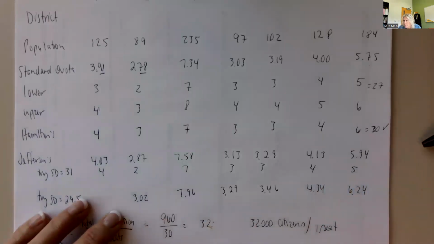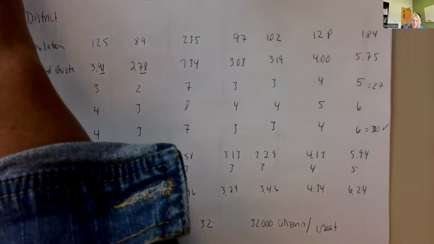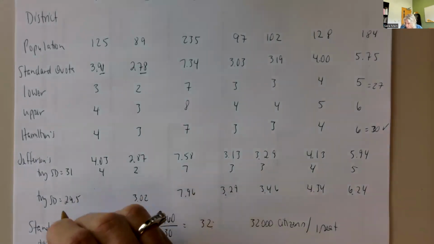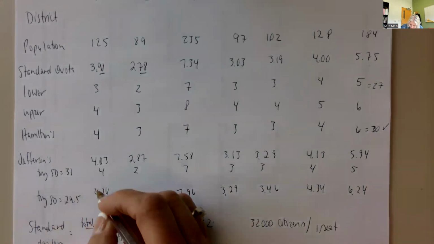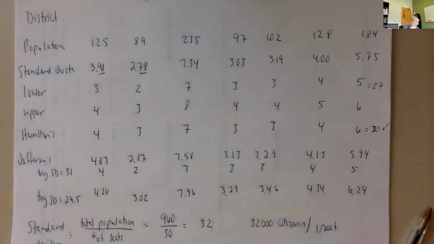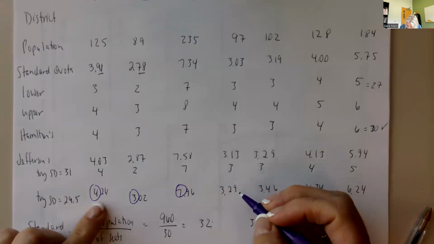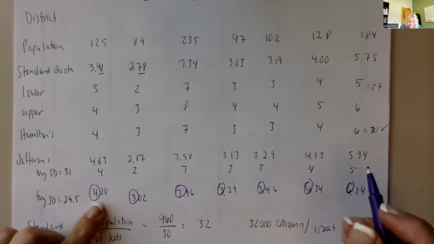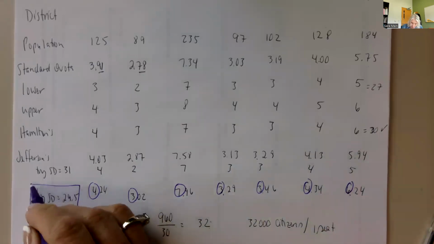And then the first one will be 4.24. So then our lowers would be exactly what we want: 4, 3, 7, 3, 3, 4, and 6 with the Jefferson method. So our standard divisor would be 29.5.